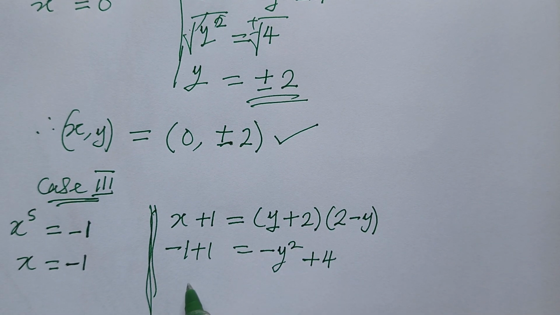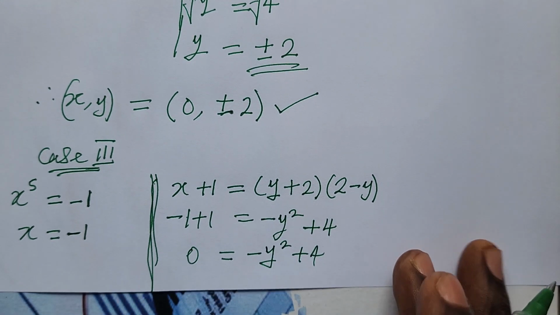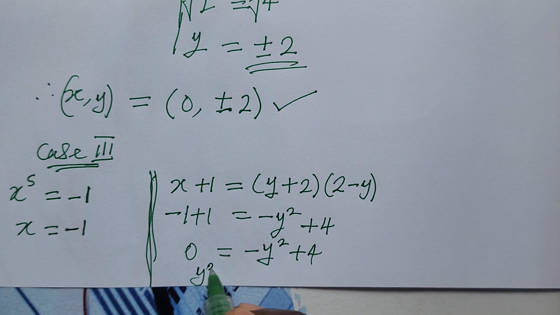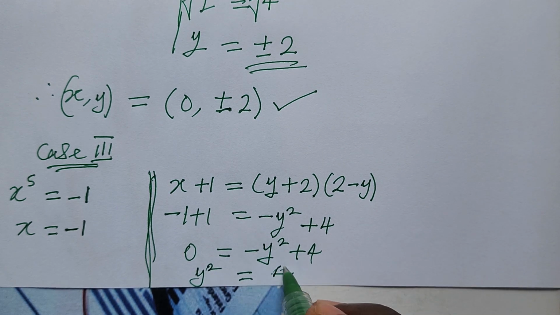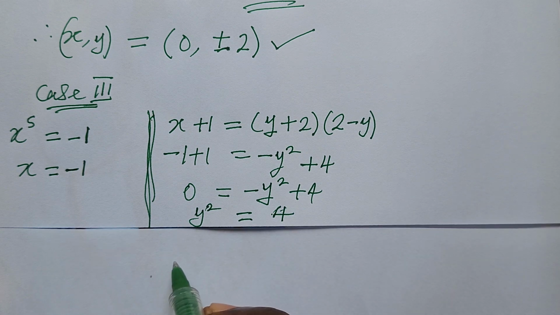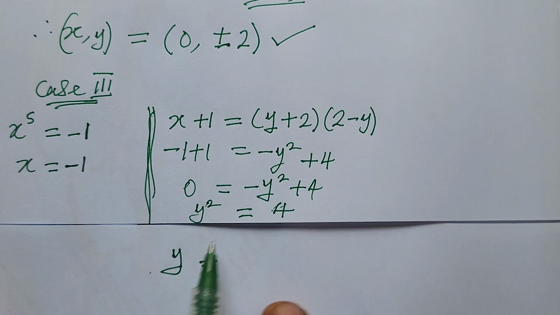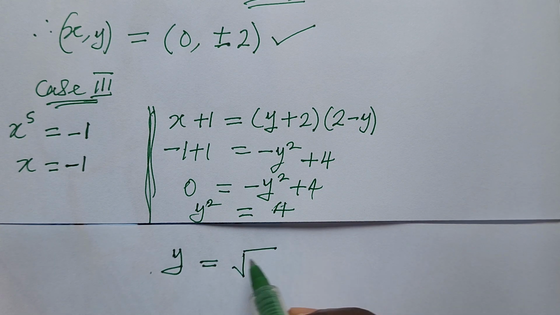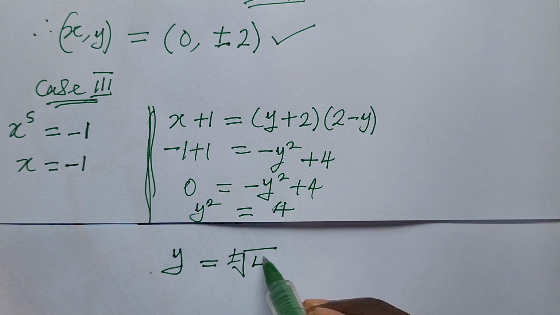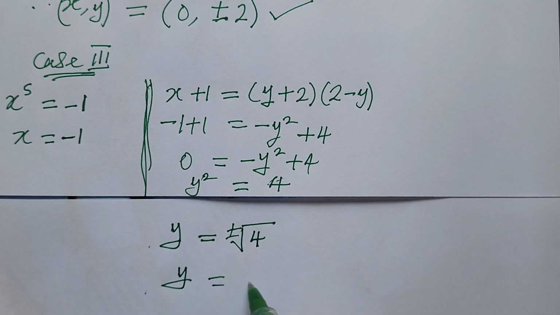Again, this is going to give us 0 is equal to minus y squared plus 4, which gives us y to the power of 2 is equal to 4. Taking the square root of both sides of the equation gives us the square root of 4, so y will now be equal to plus or minus 2.